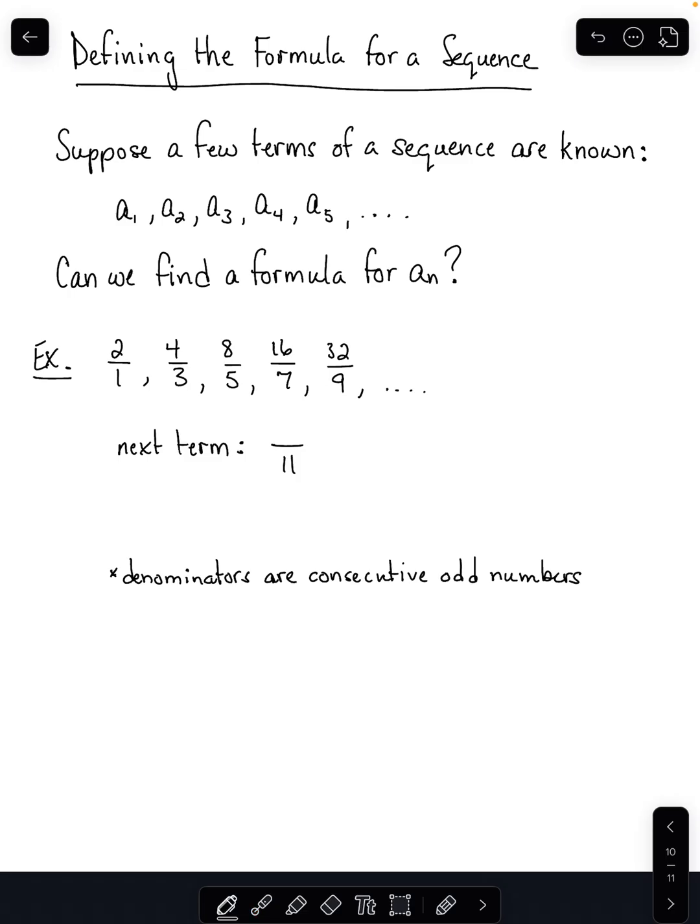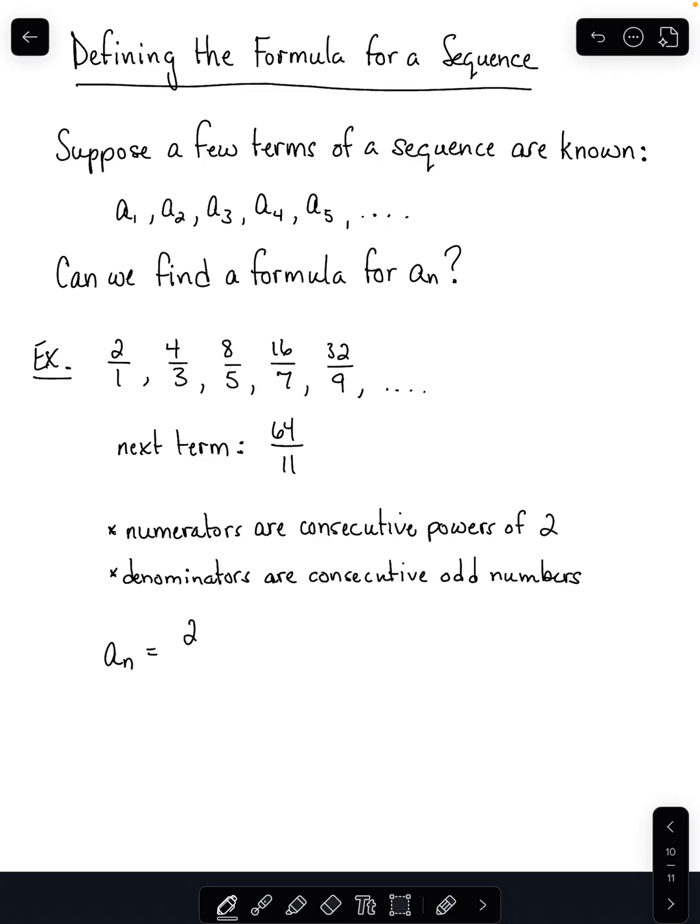If this continues, then the next numerator should be 2 to the sixth, or 64. This then should make this pretty easy to establish.